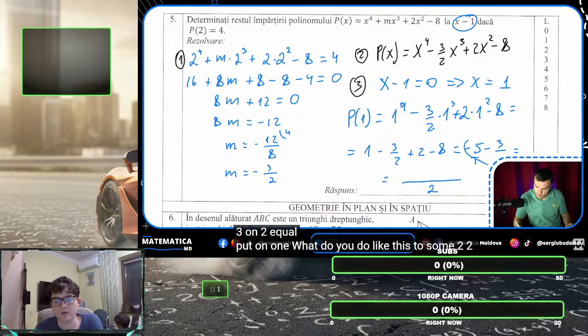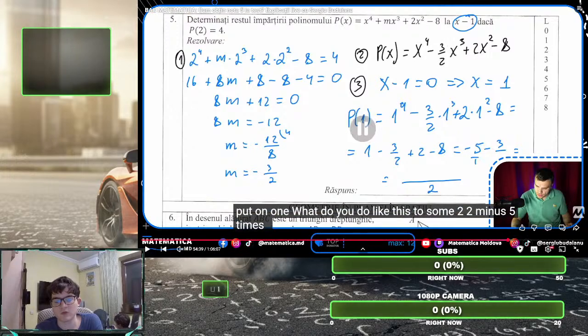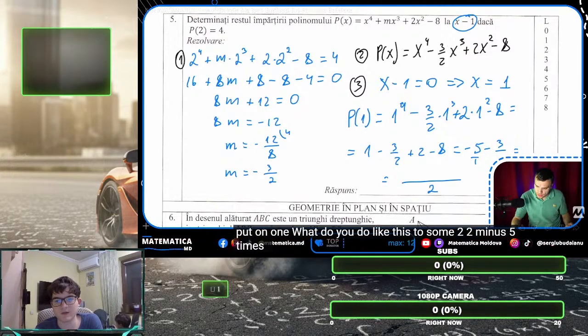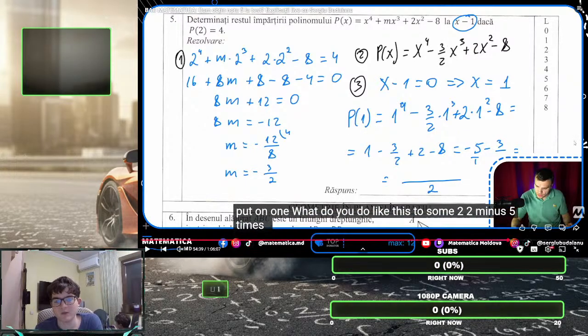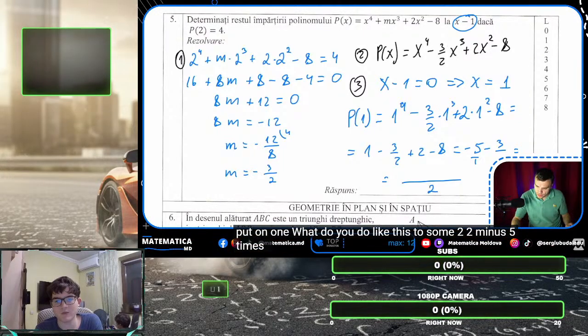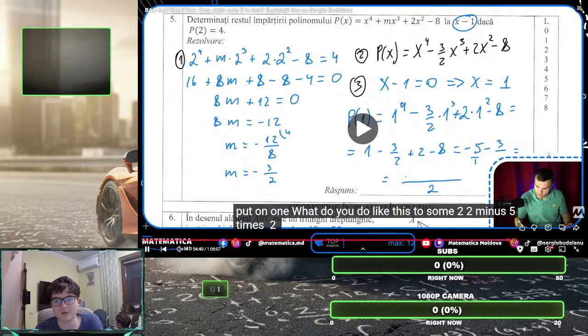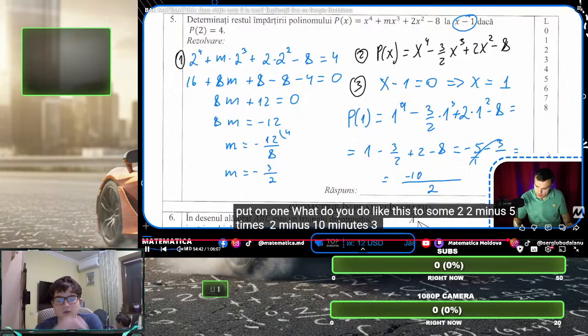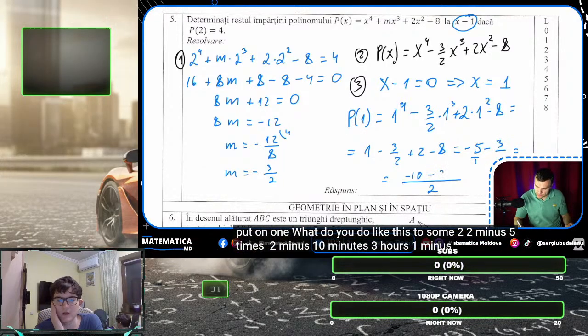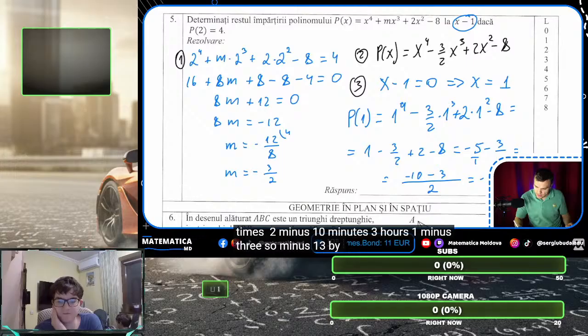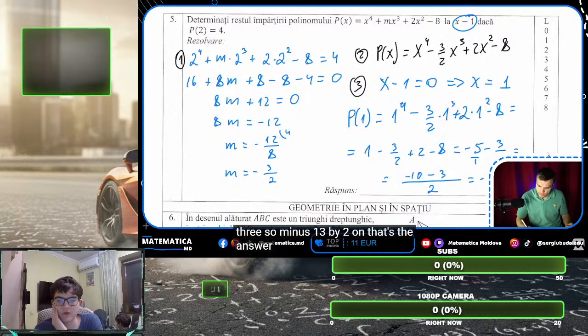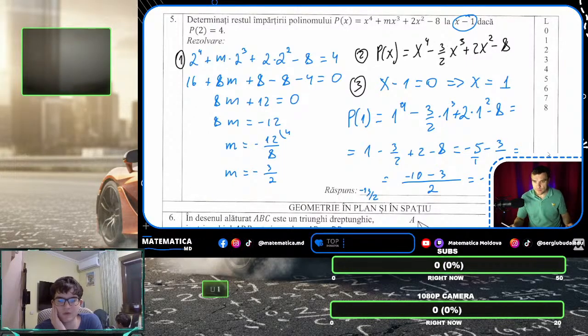Now I guess we're gonna do some multiplication. He got the webcam. So essentially it's gonna be like minus 10 minus 3, which is minus 13 divided by 2. Yeah, can't really see what's there, but it's fine.